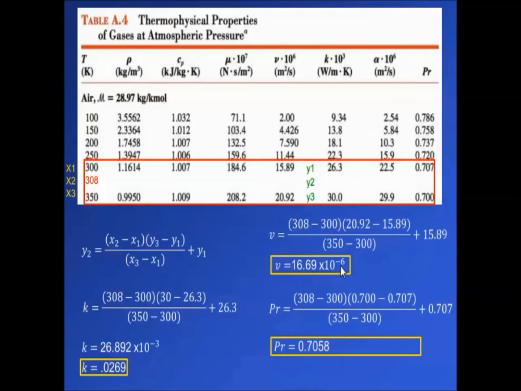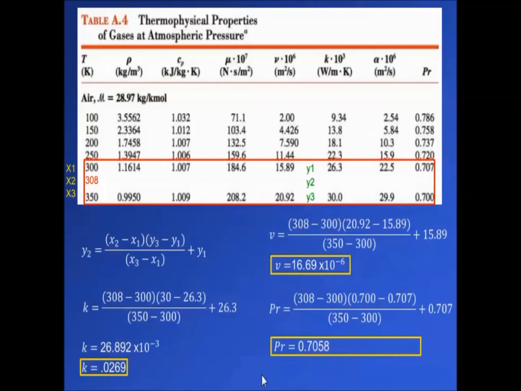Lastly, we do the same for our Pr number. Pr is equal to our T_s of 308 minus our lower limit of 300, times 0.7 minus 0.707 for our upper and lower Pr values, divided by 350 minus 300, plus that 0.707. So we get Pr equal to 0.7058.